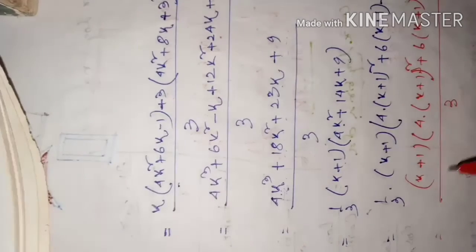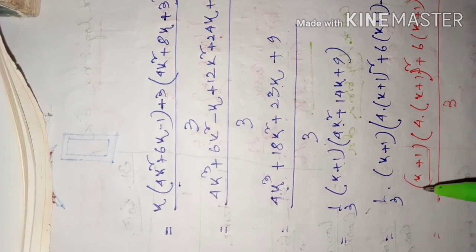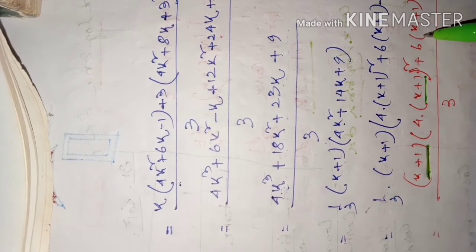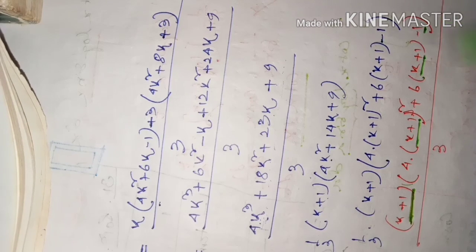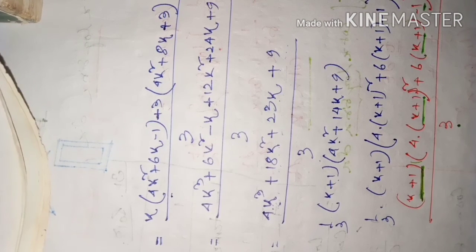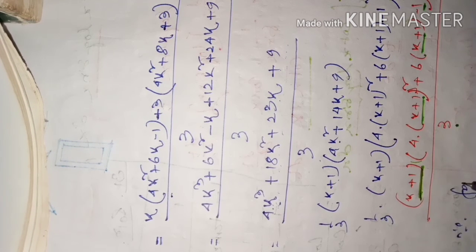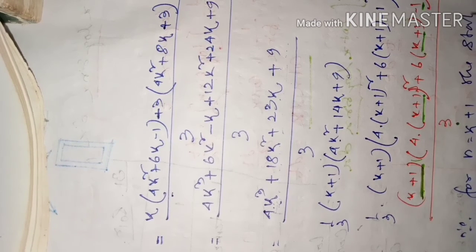Like that, if it is k plus 1, we are having k plus 1 here also k plus 1, 6 times (k plus 1) minus 1, and this whole thing divided by 3. So what can you say now? That for n equal to k plus 1 also the given statement is true.